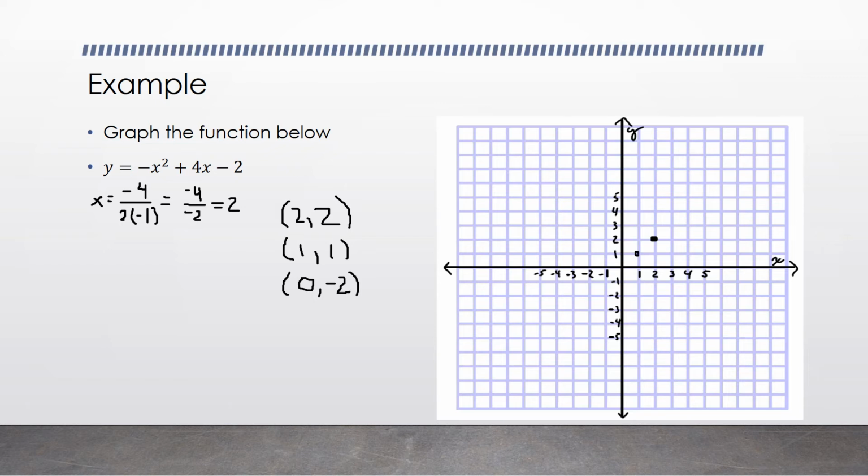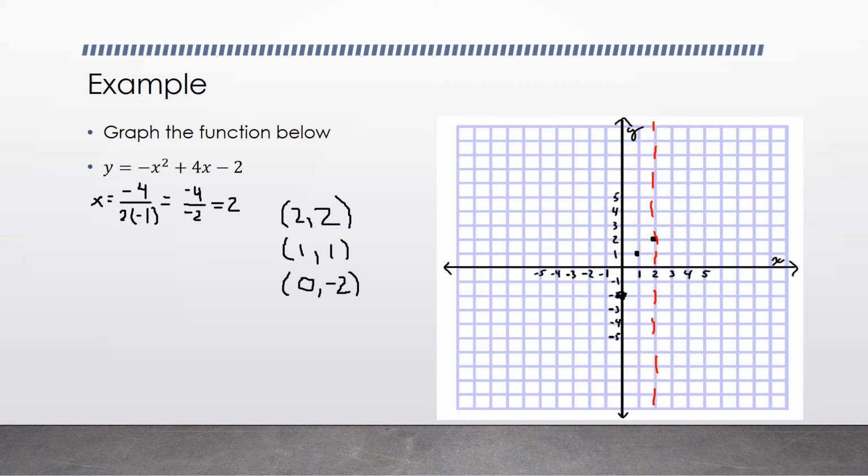So 1, 1, 0, negative 2. Now again, axis of symmetry is x equals 2. Again, totally okay to draw a dashed line in here just so that you have a point of reference. This is only if you need it. No one's telling you you have to do the dashed line.